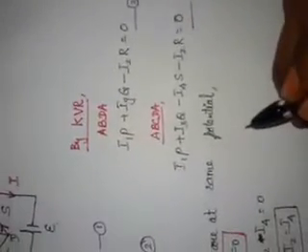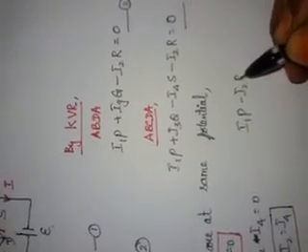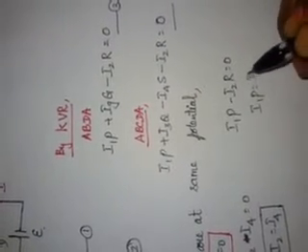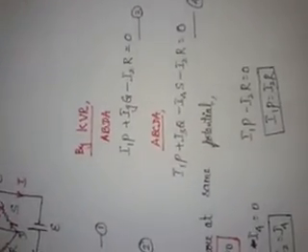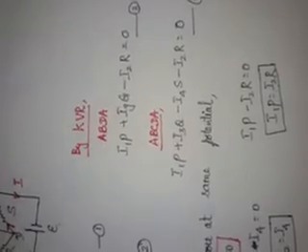Substitute in equation 3, I1P minus I2R is equal to 0, or I1P is equal to I2R. So we get these three equations. Substitute all these three equations in equation 4.